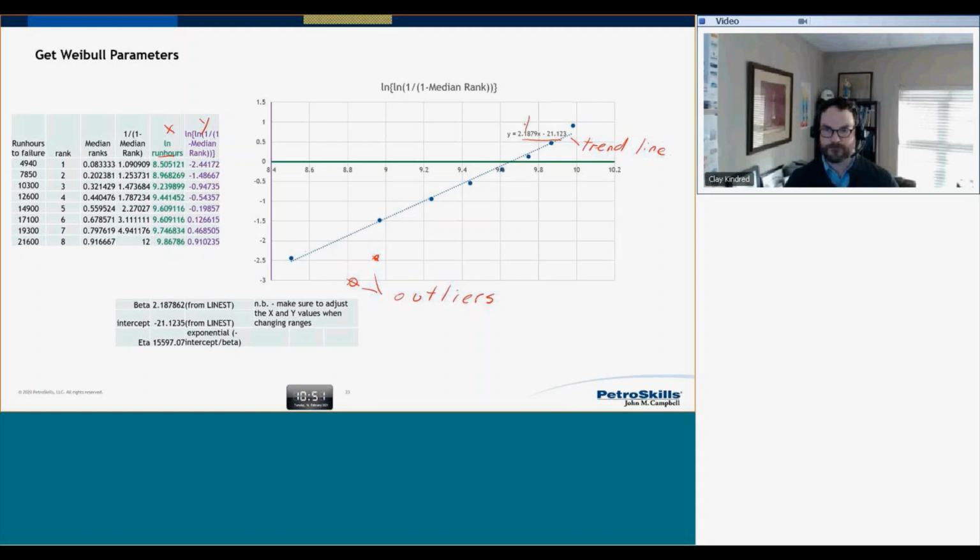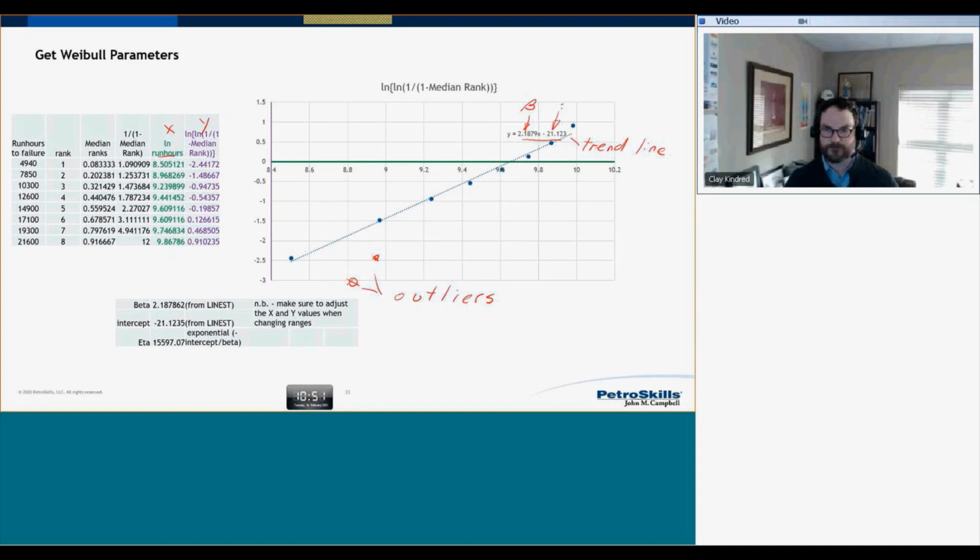That number there is beta. So immediately I look at this and I say, wow, this has got a beta of 2.1879. That's more than 1. That means I can assume a wear out. I can do my maintenance interval at the right time.